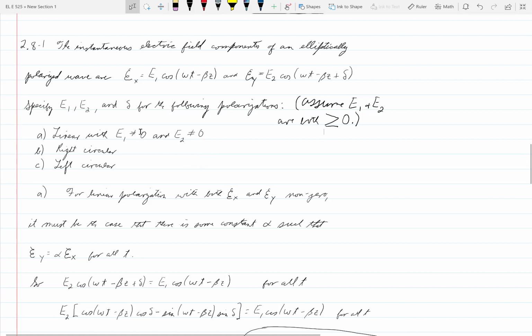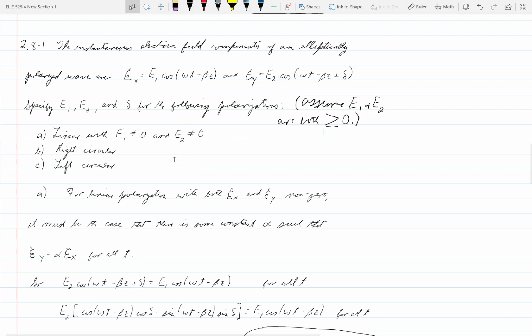Remember, E1 is the amplitude of Ex. If E1 were equal to 0 and E2 not equal to 0, we would have vertical polarization, because the field would oscillate back and forth along the y-axis.